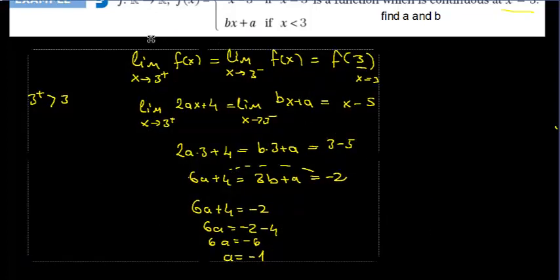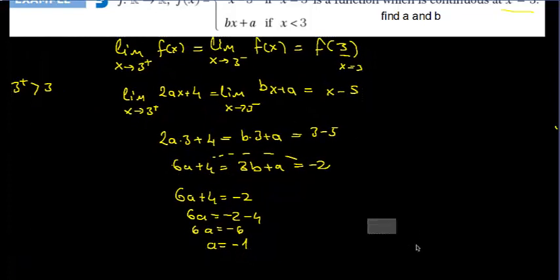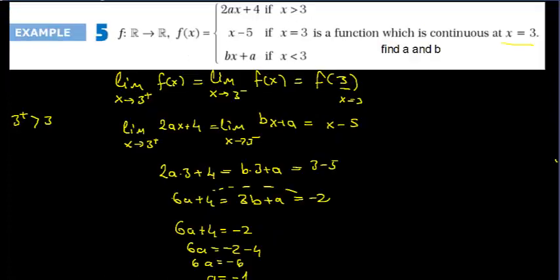Okay, the second one, I found the a value and I have to find the b value here. We know that 3b + a is equal to -2 also.